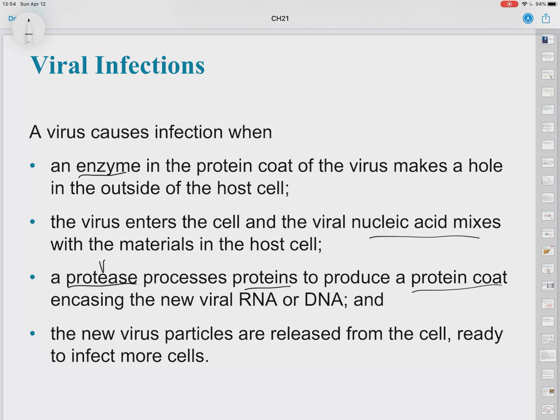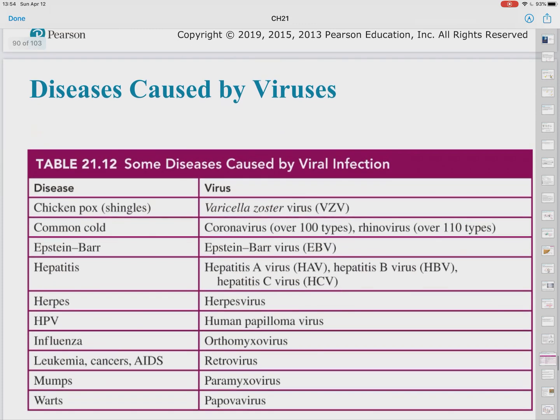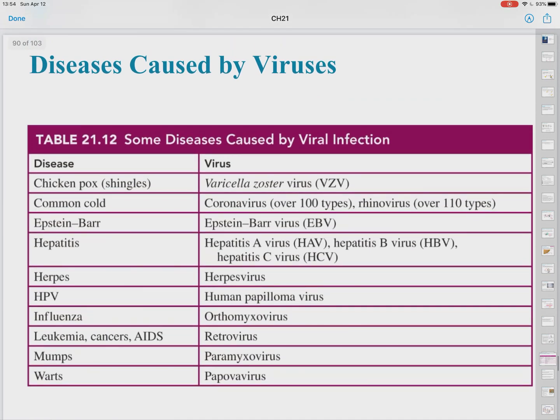So the proteases, these things were encoded with the viral DNA. You don't just have proteases inside your body that make viruses. Those had to be produced. So the virus took advantage of your machinery to produce those for it. And then they get out of the cell. Lots of diseases are caused by viruses. You can see that list here.